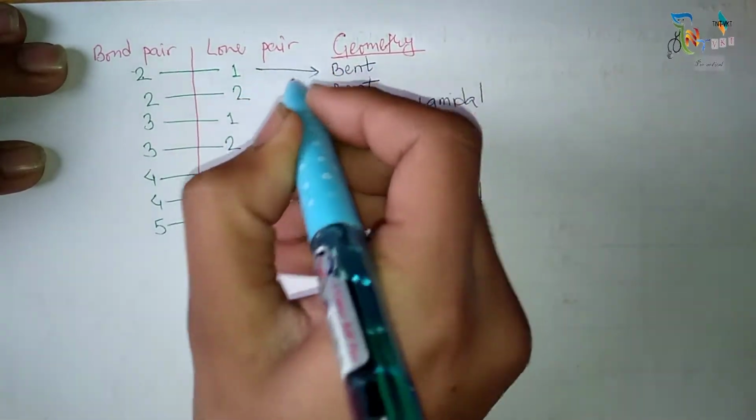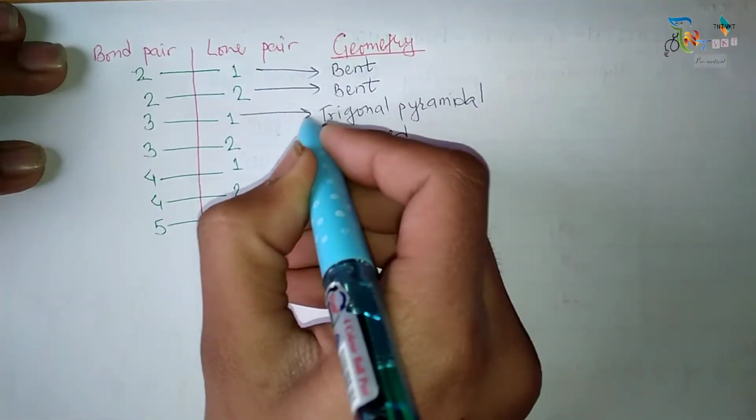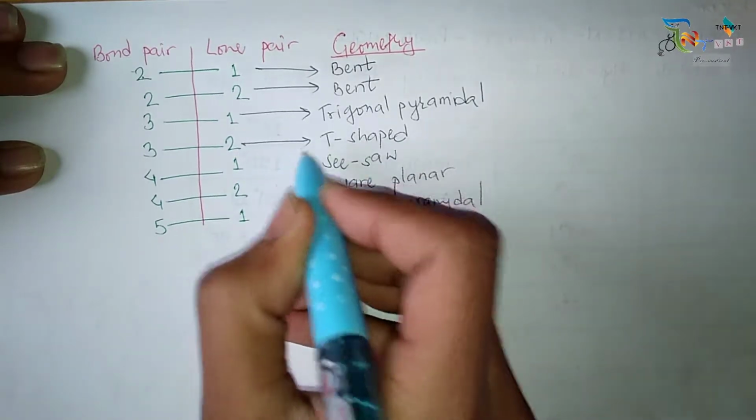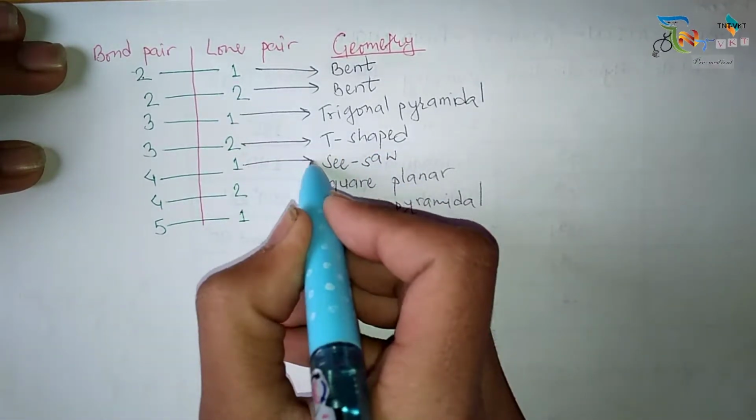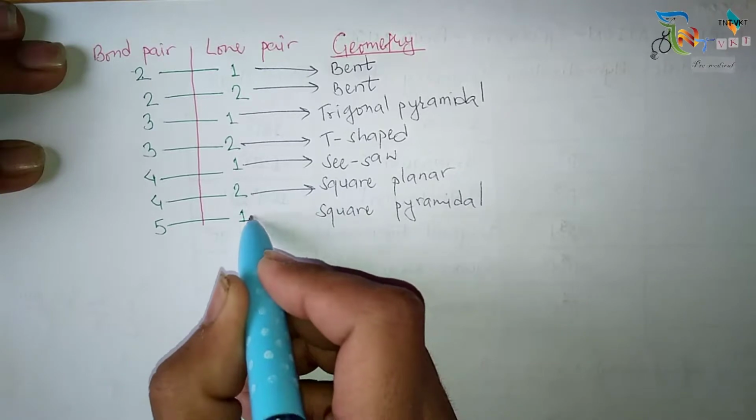To repeat: 2 1, bent. 2 2, bent. 3 1, trigonal pyramidal. 3 2, T-shaped. 4 1, seesaw shaped. 4 2, square planar. 5 1, square pyramidal.